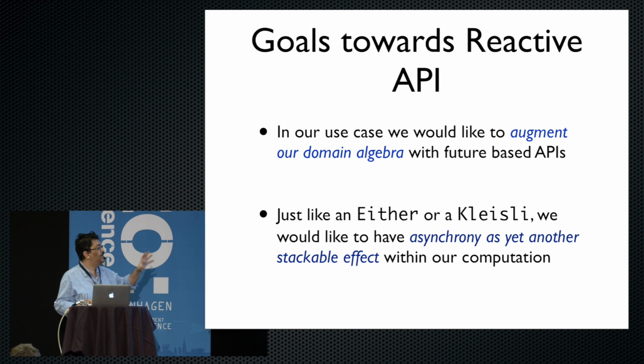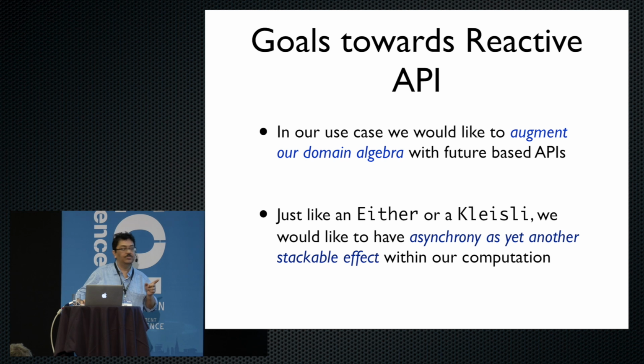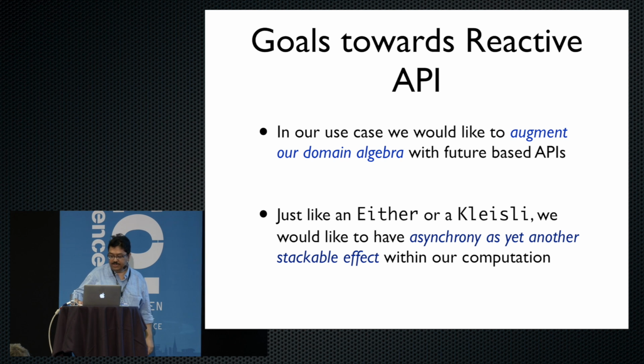Already you have seen a couple of effects. The effect of an either or disjunction. We had that as part of the algebra of the return type of the API. Kleisli, we encoded the return type using Kleisli in order to inject the database from outside, account repository. So we would like to have asynchrony as yet another stackable effect within our computation.